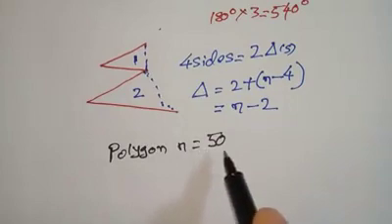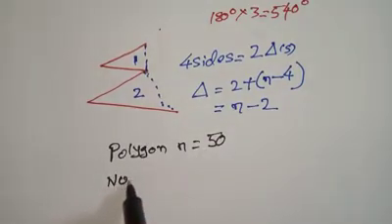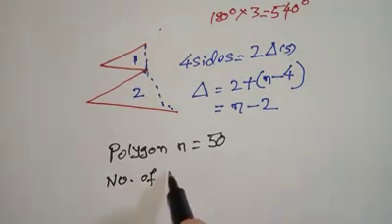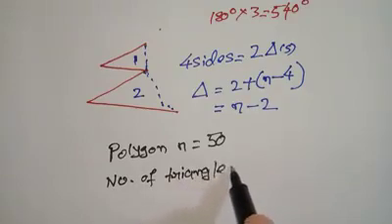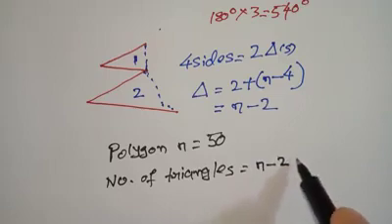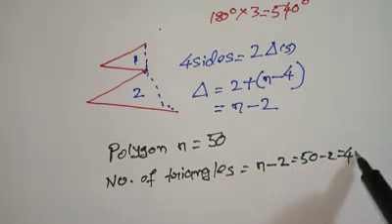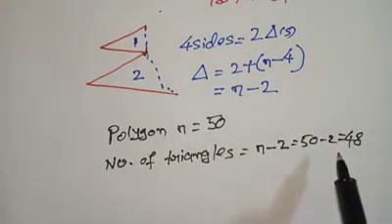If a polygon with 50 sides is given, I can always write that the number of triangles will be equal to n minus 2, that equals 50 minus 2, that means 48 triangles. So with a 50-sided polygon we are getting 48 triangles.